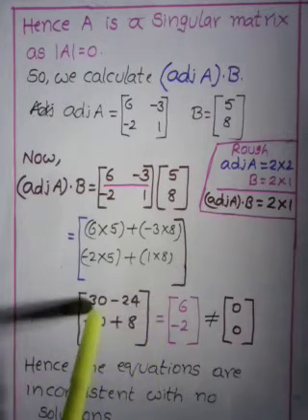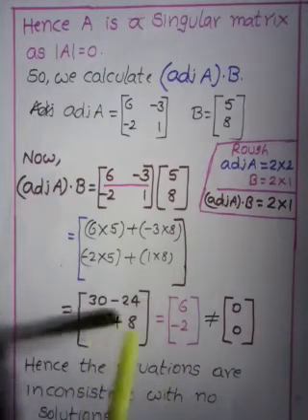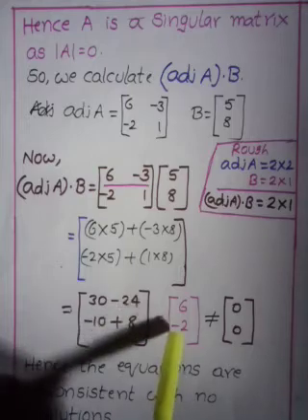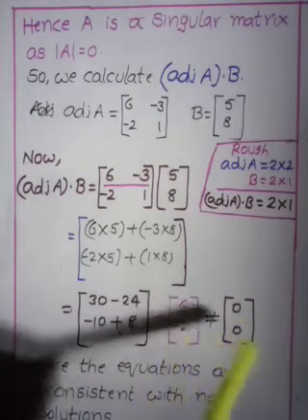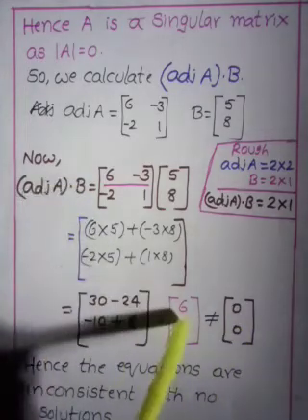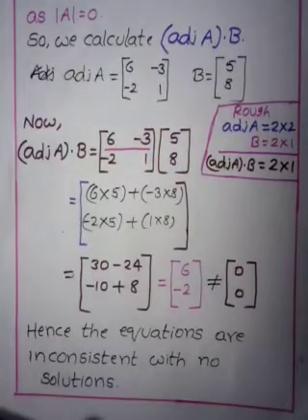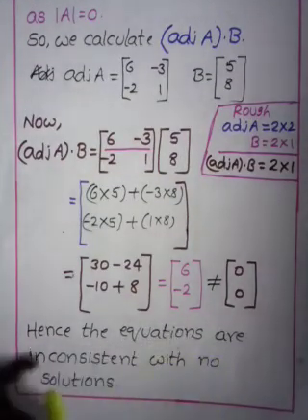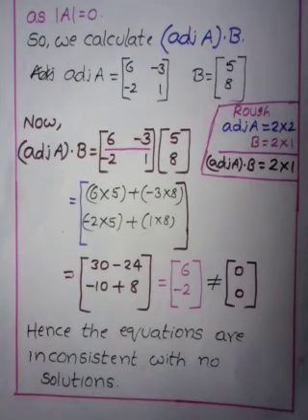That is equal to 30 minus 24, what will you get here? 6. Minus 10 plus 8, what will you get here? Minus 2. If you observe this matrix, it is not a zero matrix. Okay, my dear children, we got adjoint A into B is not a zero matrix. Hence, the system of equations is inconsistent with no solutions. Understood, my dear children? Right.